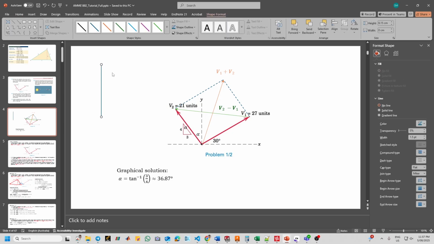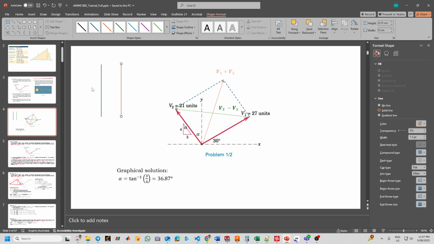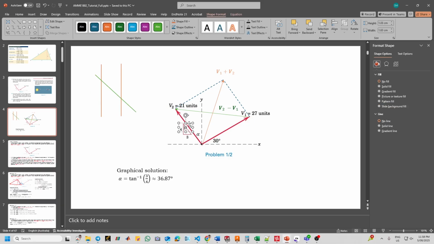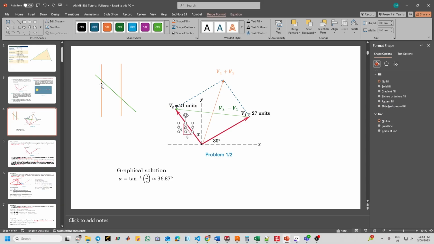If you have two parallel lines and another line cutting these two parallel lines, this angle will be equal to this angle.